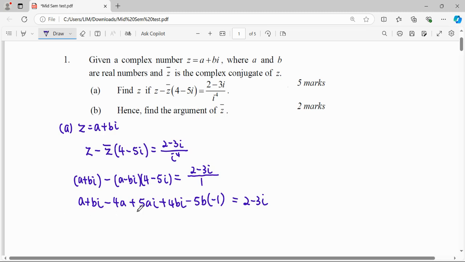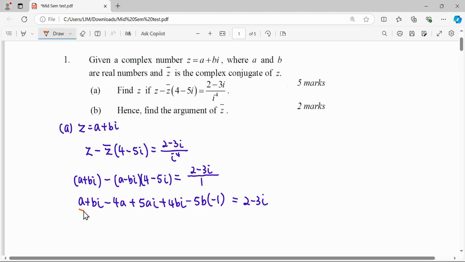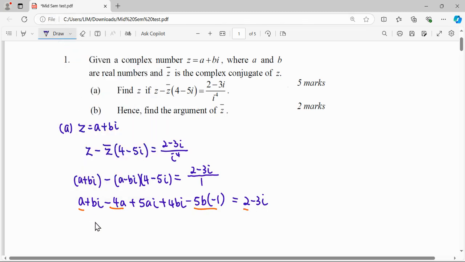Then we collect our terms, which one is our real part and which one is our imaginary part. With our real part, we have 4 minus 4a, a minus 4a, and then plus 5b equals the real number 2. Therefore, we have negative 3a plus 5b.